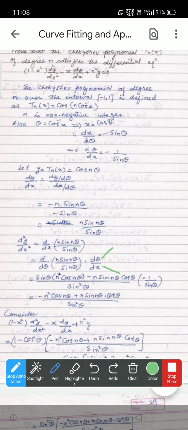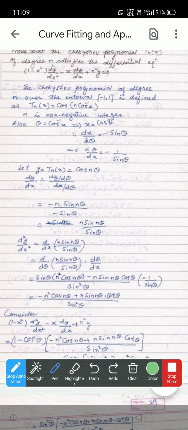And the derivative of u upon v, where u is this numerator and v is the denominator: v as it is, sin theta as it is, derivative of sin n theta is cos n theta, n as it is, and the derivative of n theta is n, so n into n is equal to n square, minus n sin n theta as it is, the derivative of sin theta is equal to cos theta, divided by v square, this is sin square theta, and d theta by dx is equal to minus 1 by sin theta.